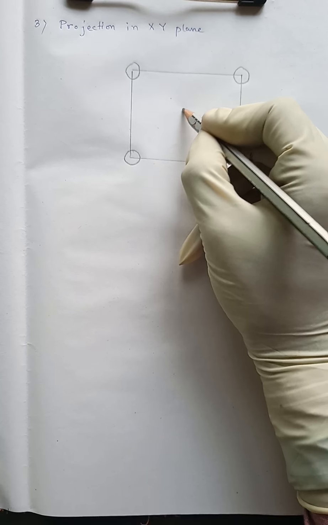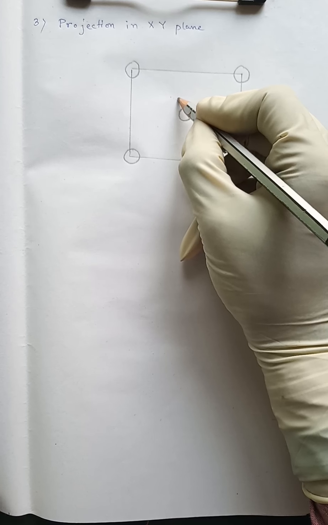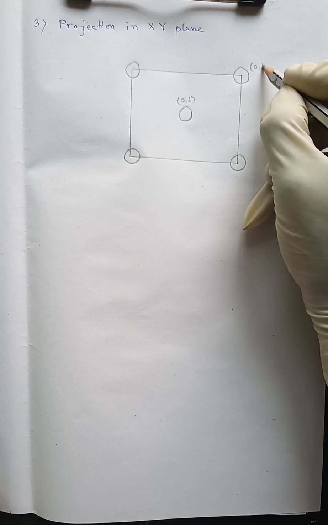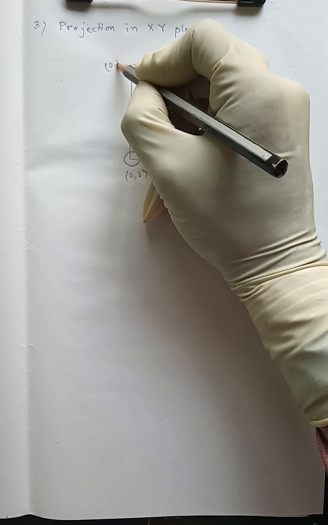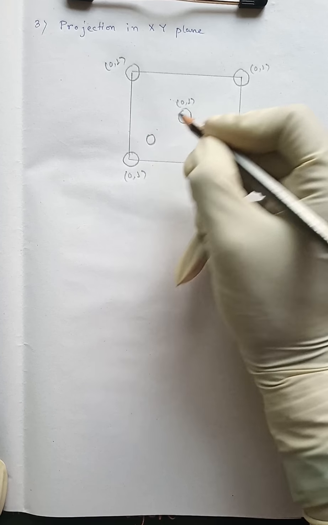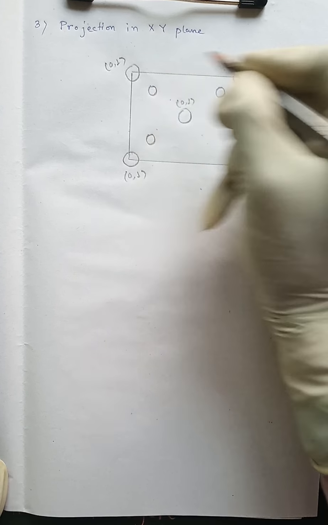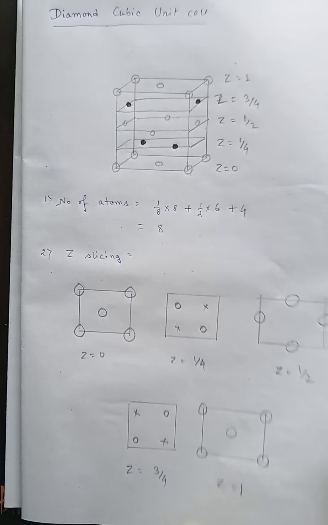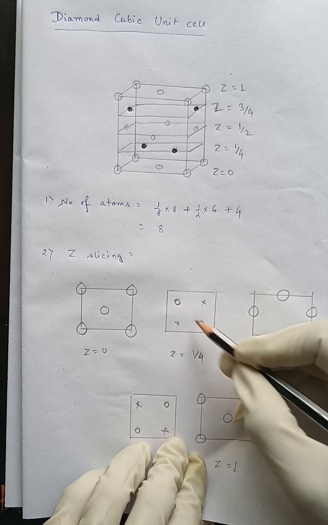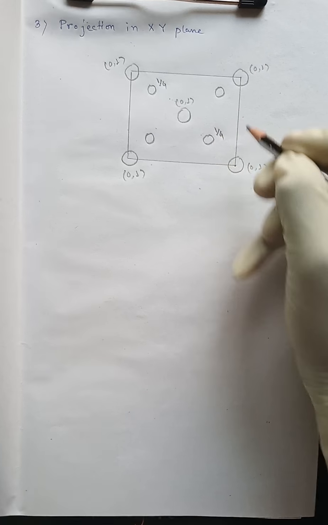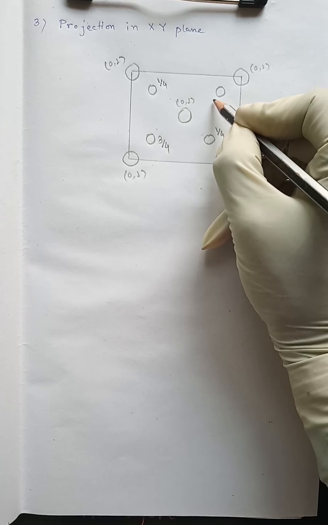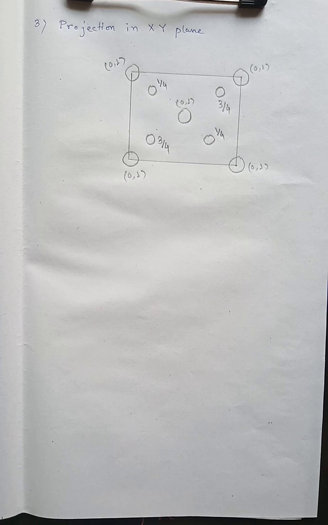We will get here at these positions Z equals to 0 and 1. And this one also be 0 and 1. Now, the new thing is these 4 positions. Now see, these two are present in Z equals to 1 by 4. So this and this will be 1 by 4. And these two will be 3 by 4. Very simple.